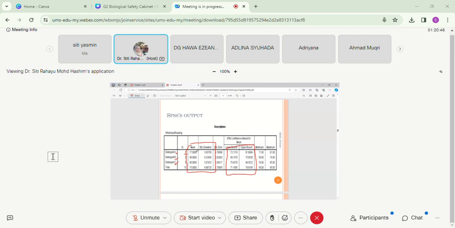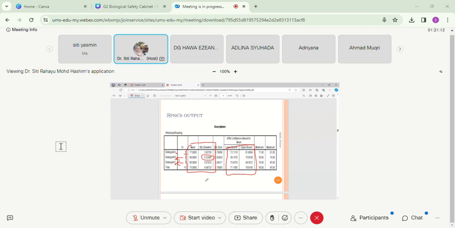So here we can see that the lowest whiteness reading belongs to detergent B and the highest is detergent C. And the standard deviation of detergent B is bigger compared to the other two detergents. So that's how you comment.